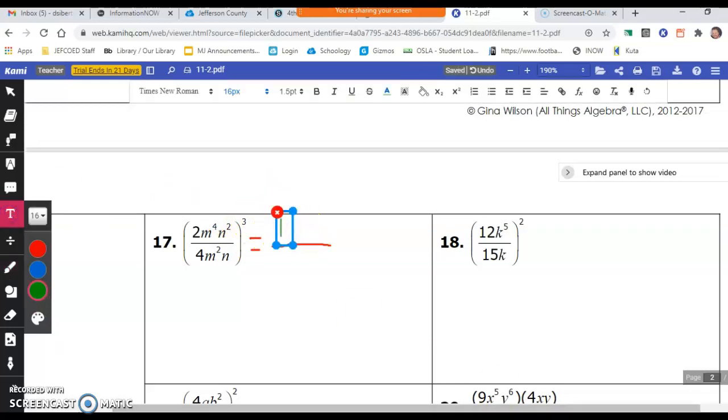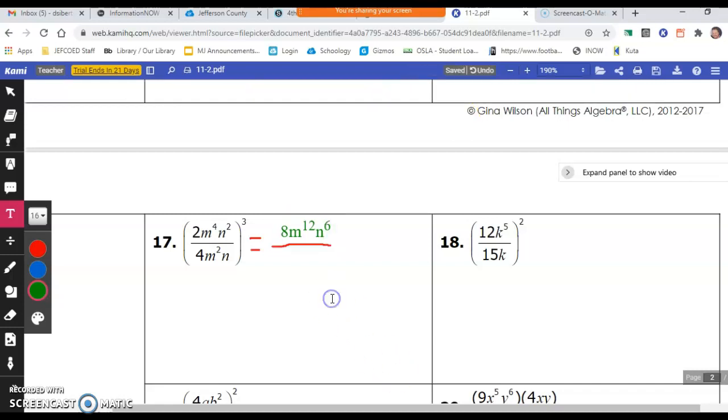Okay? All right, so up top, 2 raised to the power of 3 is going to be what? 8. Okay? Then we have m is going to be raised to the power of 12. Don't forget, power rule, multiply our exponents. And then n is going to be raised to the power of 6. We good there?